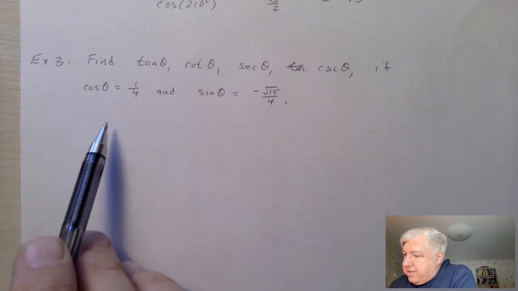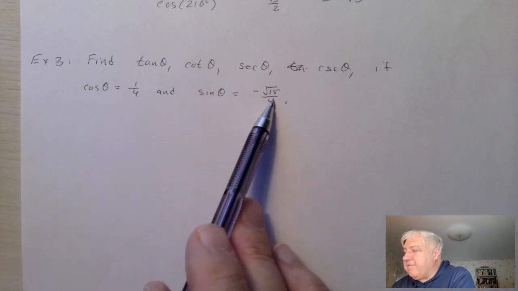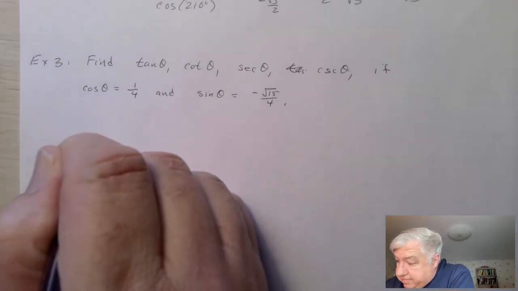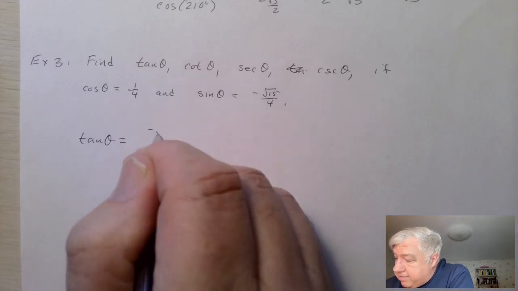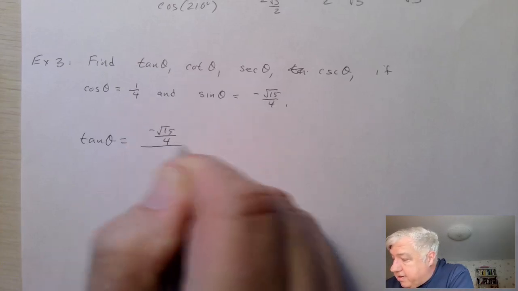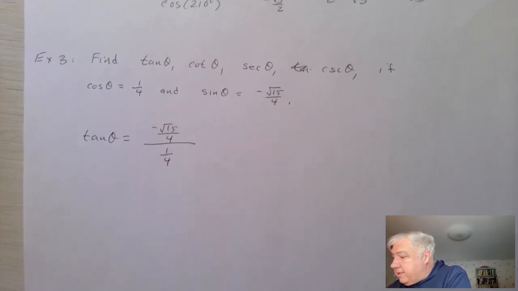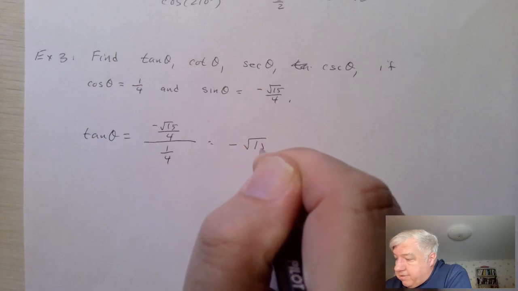So, for example, in this case, cosine of theta is 1/4, and sine of theta is negative square root 15 over 4. If we want the tangent, that's sine over cosine, so this would be negative square root of 15 over 4 divided by 1 over 4. And this will just be negative square root of 15.